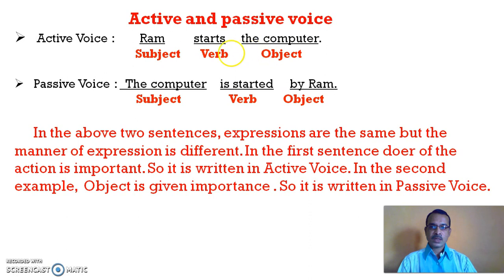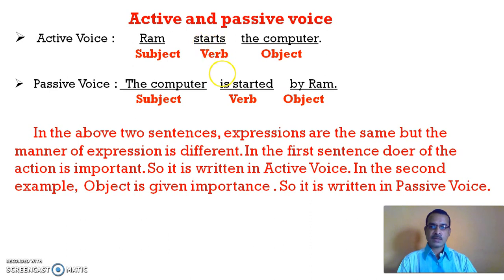So, in the answer, the object becomes the subject of passive voice. And look at the tense. Here we can easily identify that the tense of this sentence is present tense.